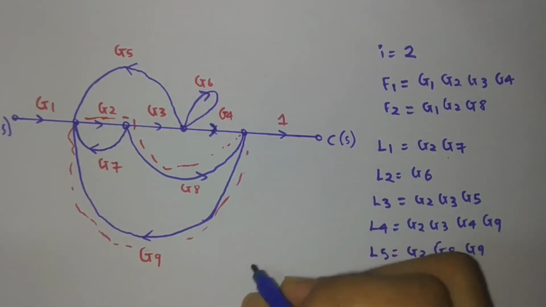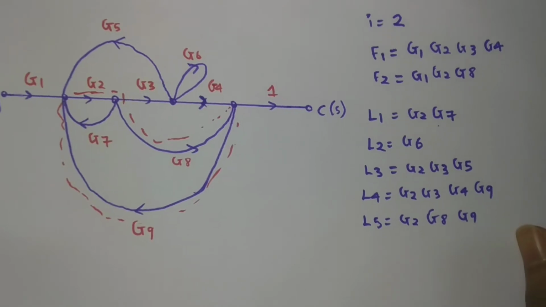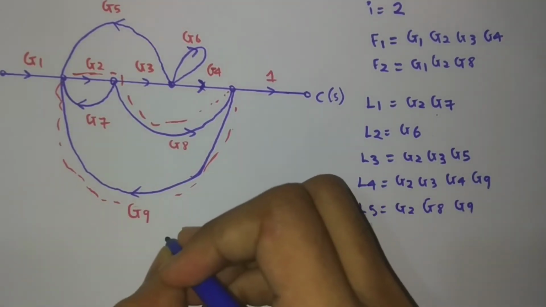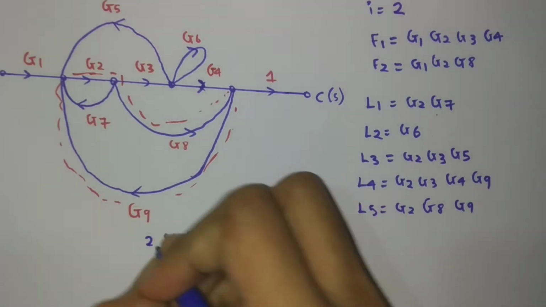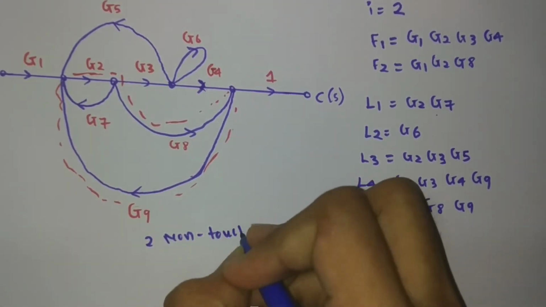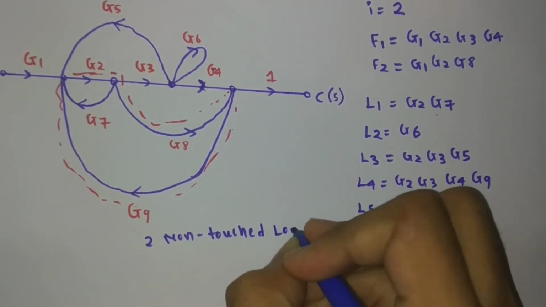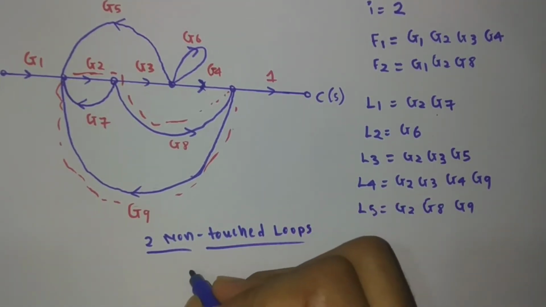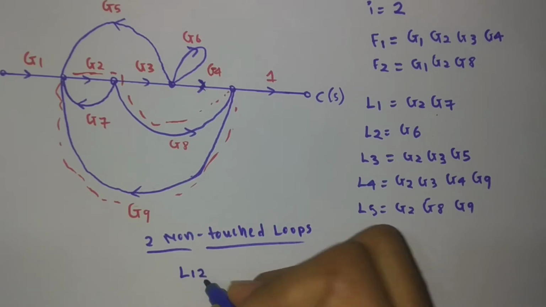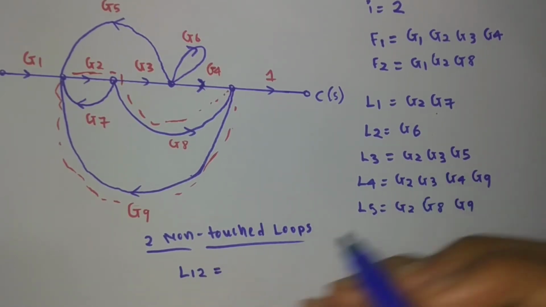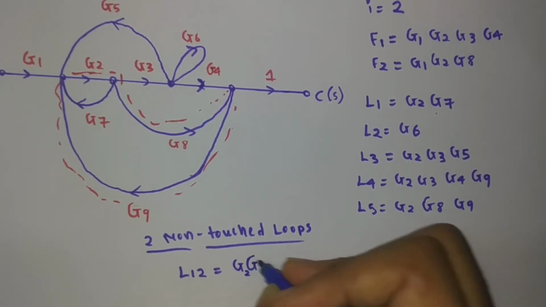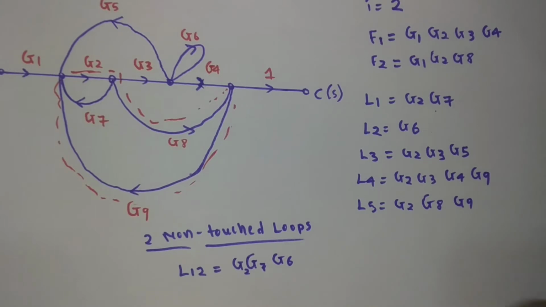So I can write the 2 untouched loops over here as L12 and its total gain will be G2, G7 and G6.